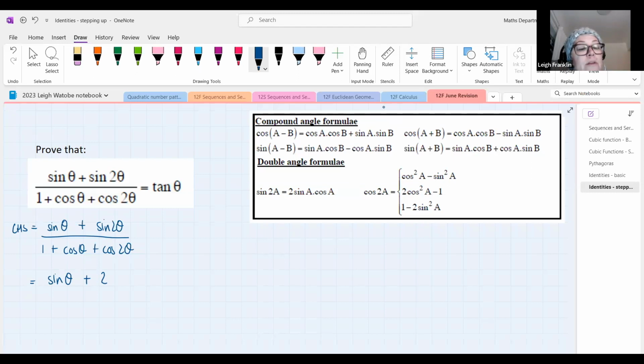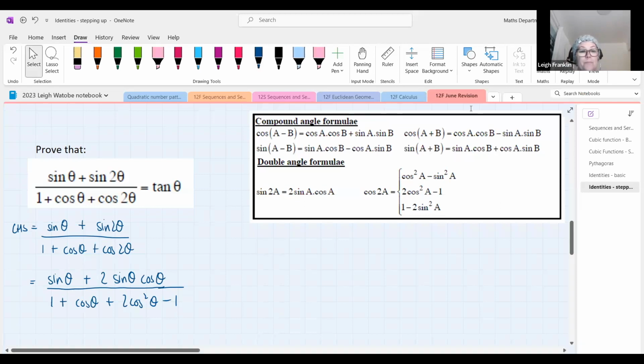So we're going to write that as 2 sine theta cos theta. That gets us 1 mark at least. And at the bottom, remember, we want to try and get rid of the 1. So 1 plus cos theta plus 2 cos squared theta minus 1 gets rid of the ones at the bottom.